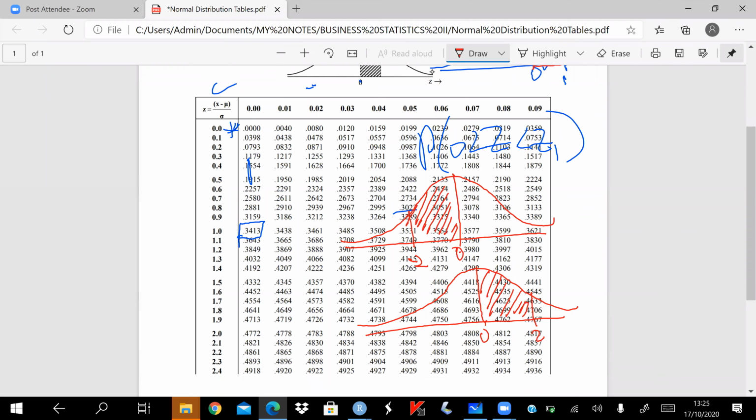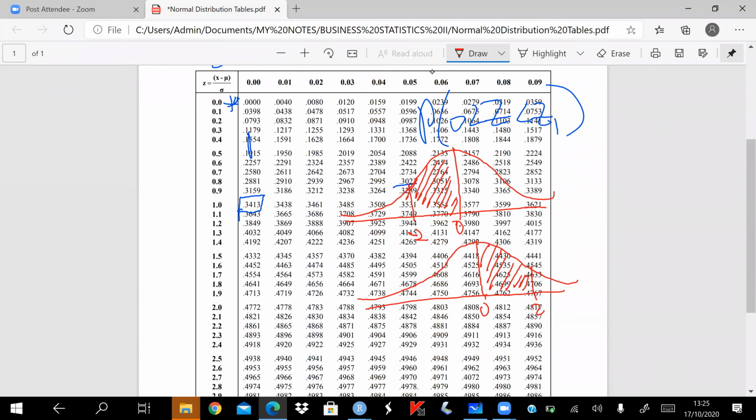So I'll just come here and locate Z equal to 2, and this area will be that. It's also equal to that. Okay, so that looks straightforward.